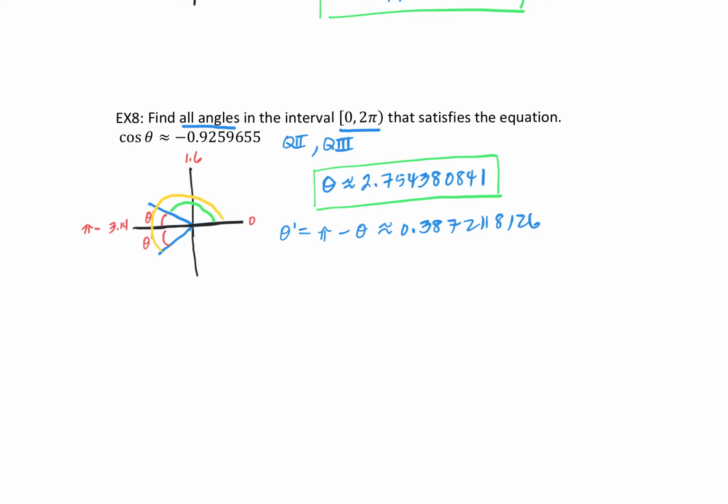So if I just take that angle and I add it to pi, that would give me my second angle. So that's just one way to do that. So let me go ahead and take that angle and add it to pi.